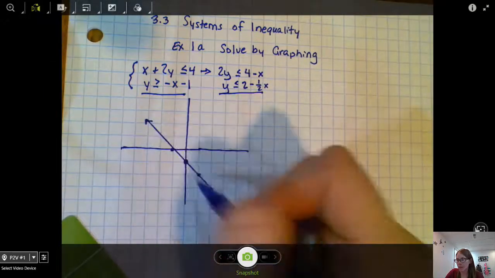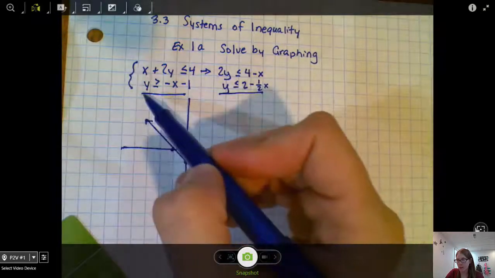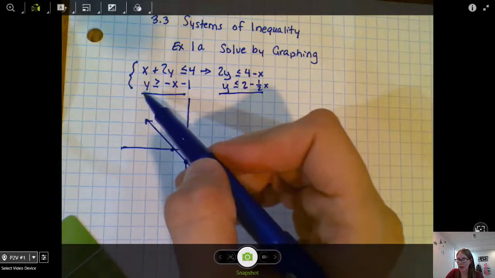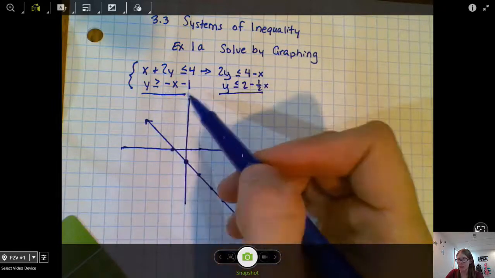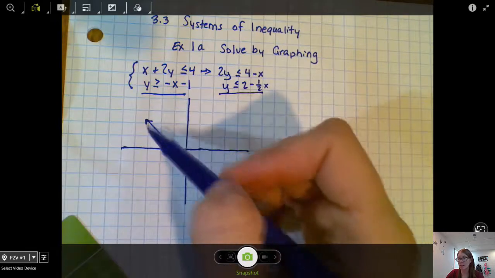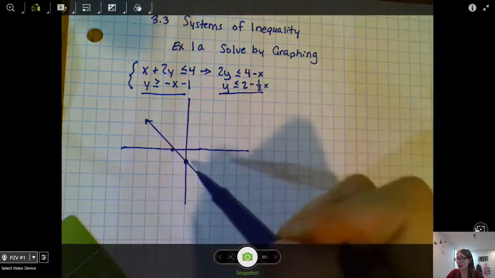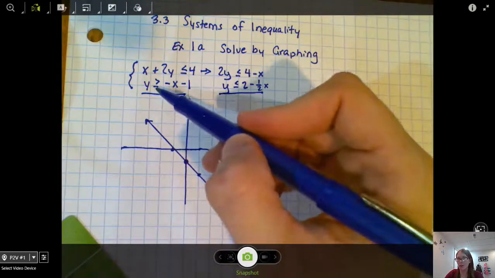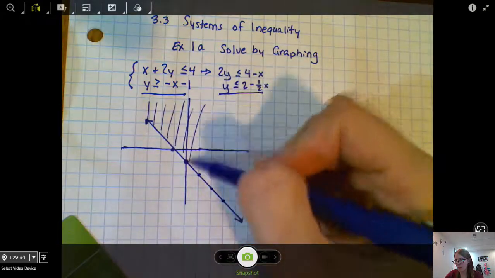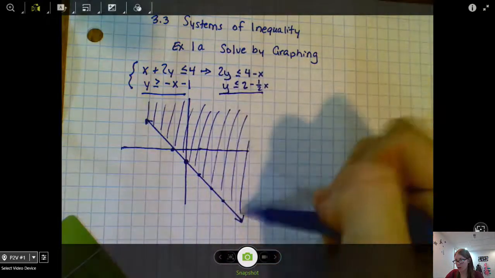Okay, so this is our line, but we want to know what ordered pairs make our y value greater than or equal to negative x minus 1. So there's not just going to be one ordered pair here. It's not just going to be ordered pairs on our line. It's going to be anything greater than or equal to, above that. So I will shade this in a little bit.